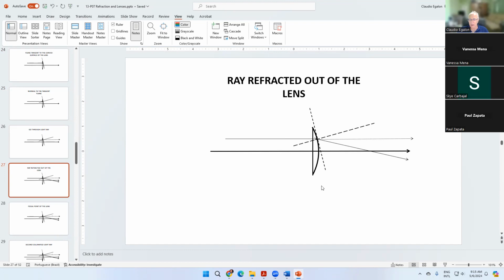What's going to happen? This light ray is going to cross the axis, the principal axis of the lens. And this point where the light ray crosses the principal axis of the lens is a special point that you should remember, right? Just like we had for mirrors, this point is called the focal point of the lens.